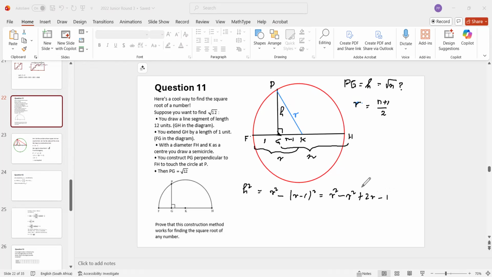Or if you want, you can use difference of two squares. So this becomes 2R minus 1. Now, when you look at this, if you multiply on both sides by 2, you get 2R is equal to n plus 1. And 2R minus 1 is actually n. So this is n.